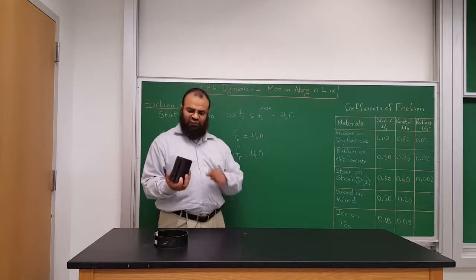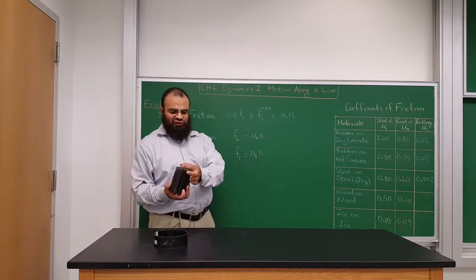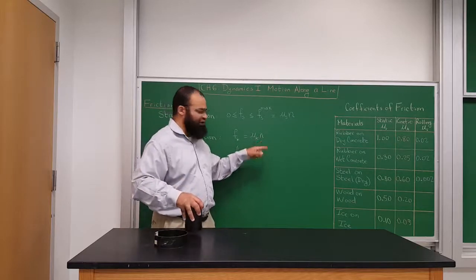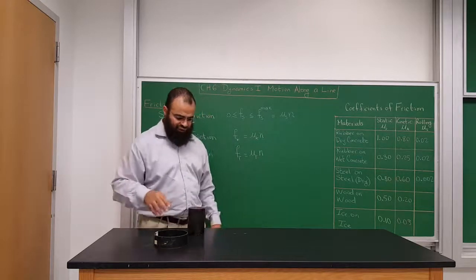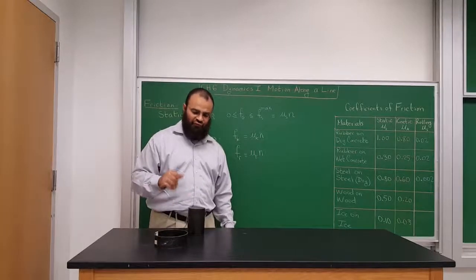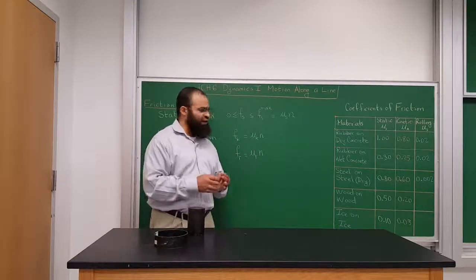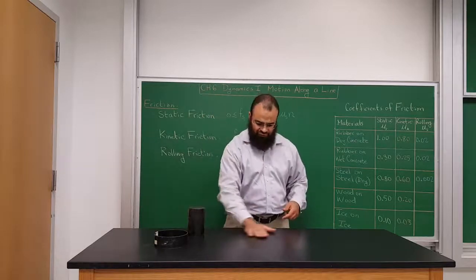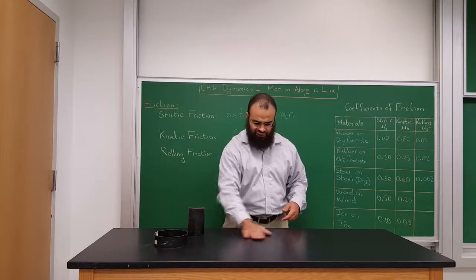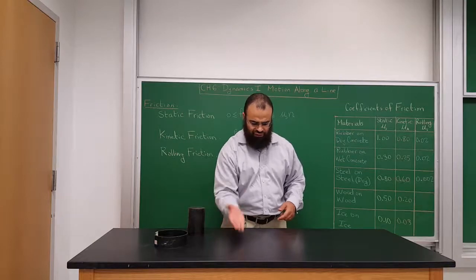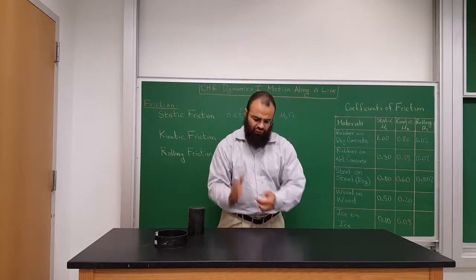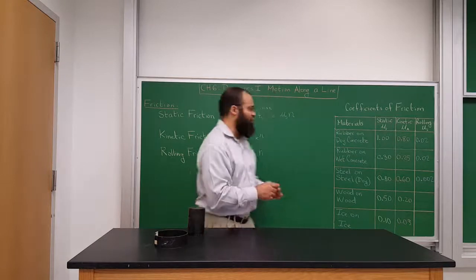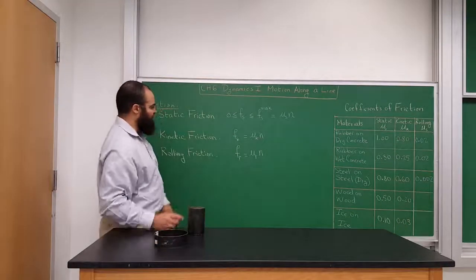For example, if I take this block and make it smaller in surface area, it will still be the same friction as long as the normal force is the same. So it doesn't depend on the surface area. If I rub my hand this way, there is friction, and if I use the narrower end, it will still be the same amount of friction as long as the normal force and the material are the same.